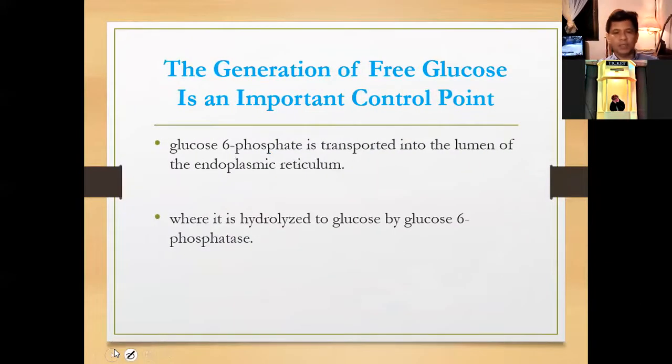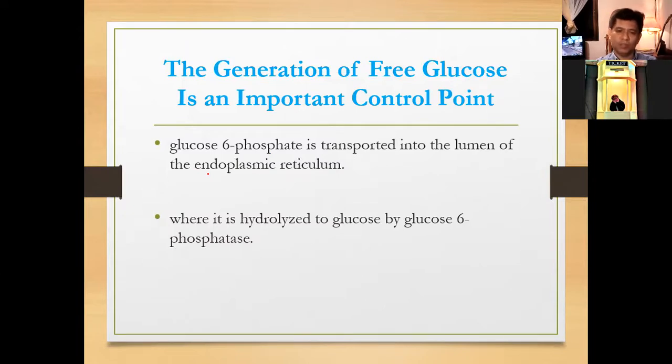Yon. So ayaw din kasi nung cells na yung glucose 6-phosphate ay maging glucose. Kasi pag glucose na, lalabas na naman siya ng cell. So yung enzyme that converts glucose 6-phosphate to glucose, nakatago siya. You can only find that enzyme in endoplasmic reticulum. So endoplasmic reticulum is another organelle inside the cell.